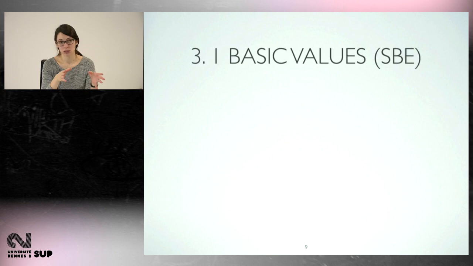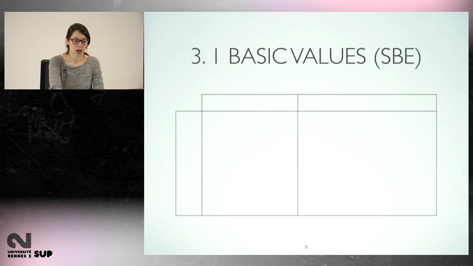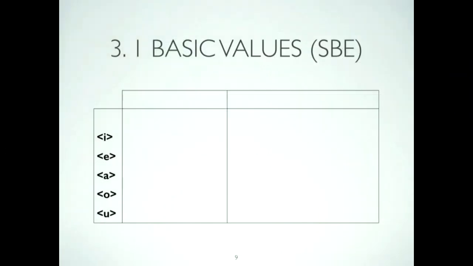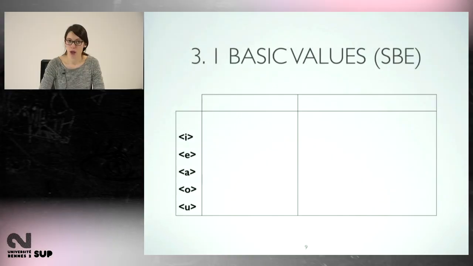What I'm going to say now is valid only for British English. In American English, you have some variation along the lines of what I'm going to present here, and in other varieties as well, obviously. But again, a choice had to be made. So again, the monographic vowels of English are I, E, A, O, and U, okay?